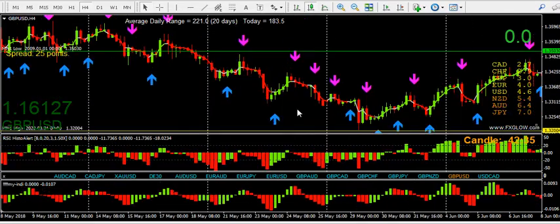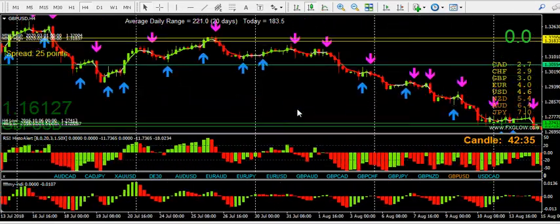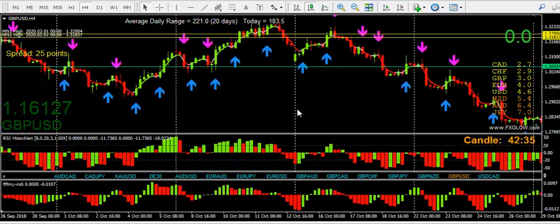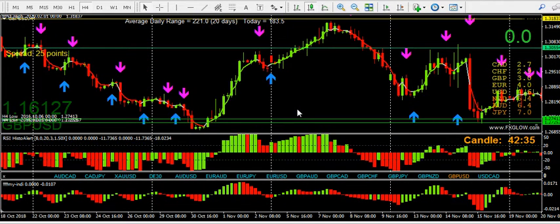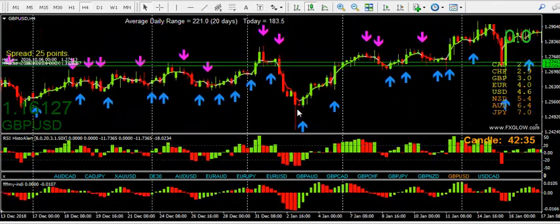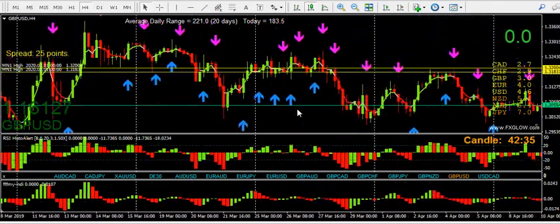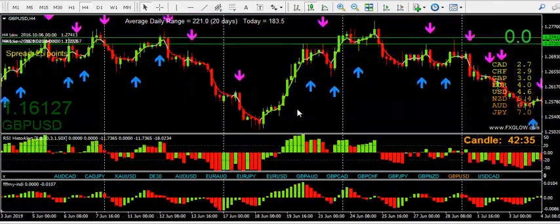Apologies, but this is what I do. This is how I build up my picture of where price might go. It's 8:17 now, so price could easily be moving out of that 15-minute bar.